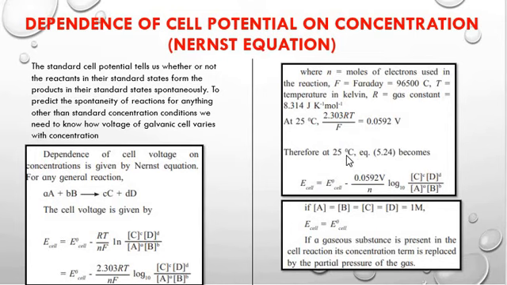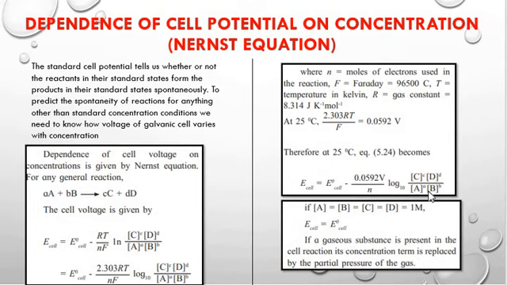So at 25 degrees Celsius we replace it by 0.0592. Our equation would be E cell is equal to E naught cell minus 0.0592 volt upon n, the moles of electrons used in the reaction, multiplied by log base 10 of the concentration of the products upon the concentration of the reactants.